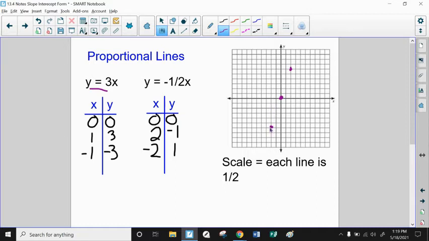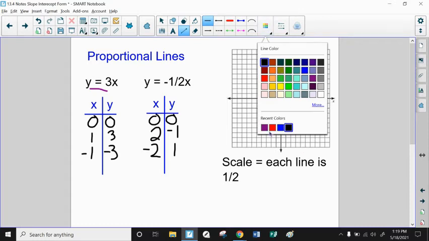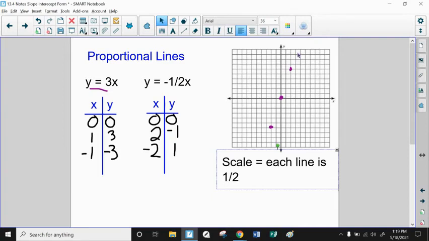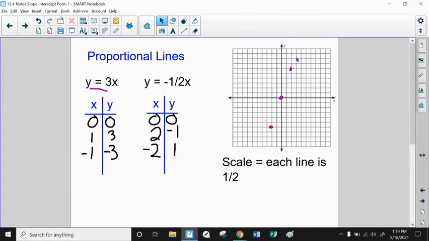And again, each line represents 1/2. I'm going to plot this line, making sure to change the color, because I want to make sure my lines are different colors so I can see them. Okay, it doesn't have to be perfect.